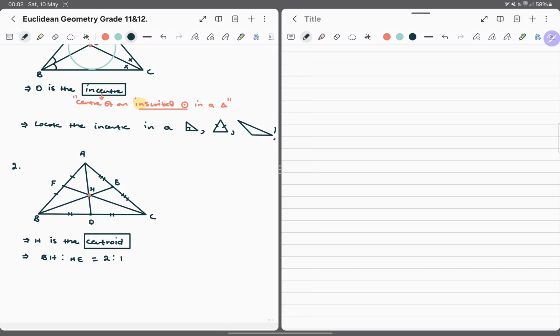There's many ways in which we can write this ratio. Sometimes we may want to write it in terms of the entire length. We can say HE is a third of BE, or we can say BH is 2/3 of BE.